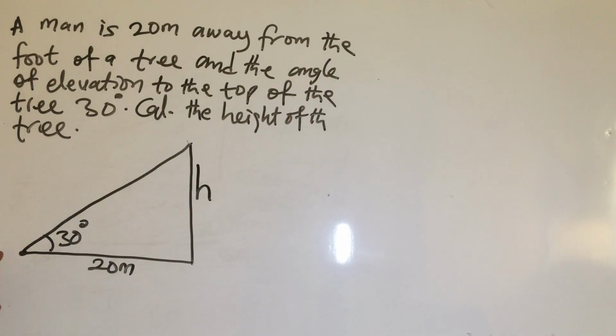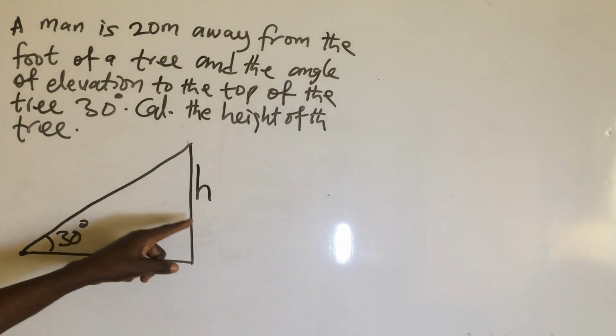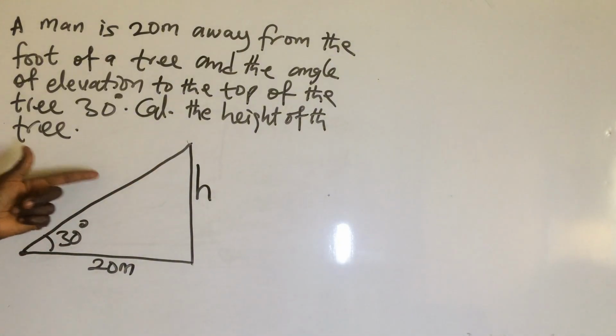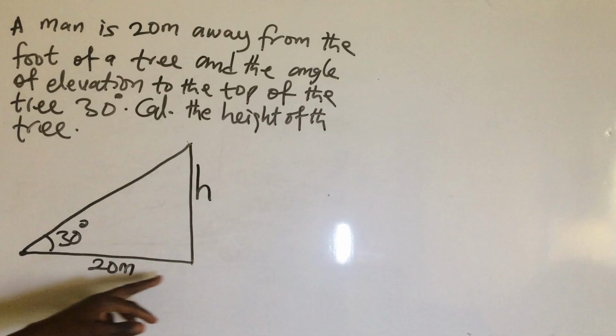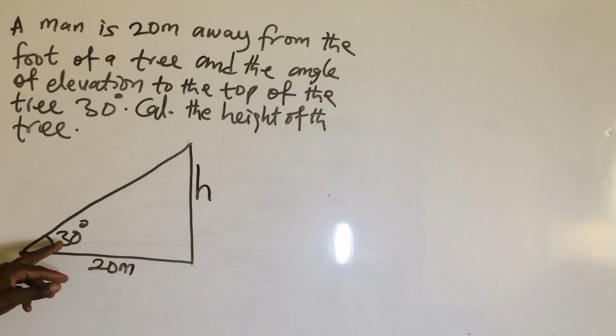If we use sine, sine 30 degrees equals opposite over hypotenuse, but the hypotenuse is not given. If it's cos, cos 30 degrees equals adjacent over hypotenuse, and the hypotenuse is not given.